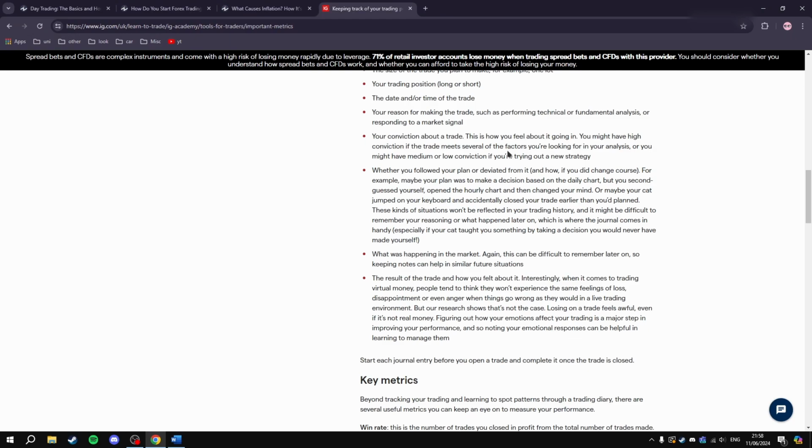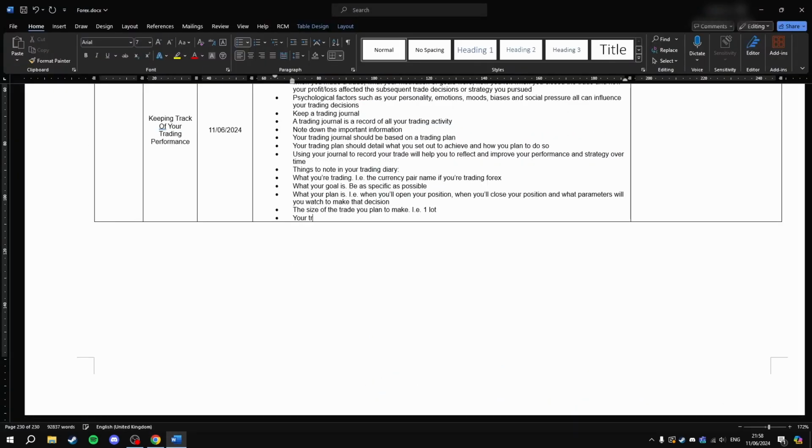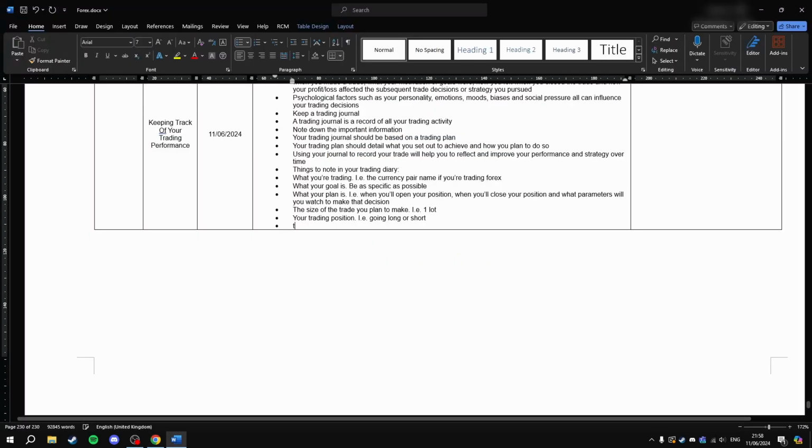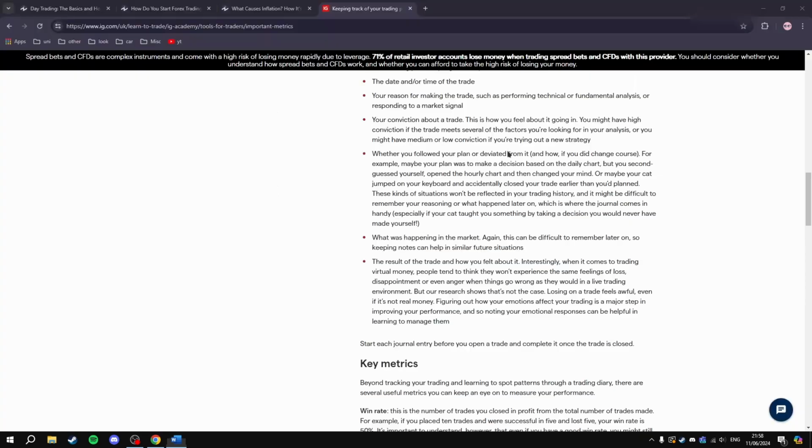Your trading position, going long or short. The date and time of the trade.